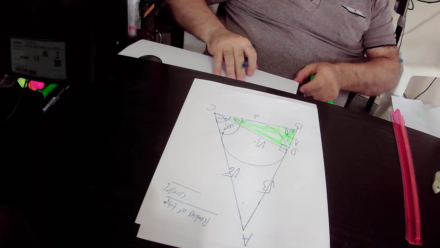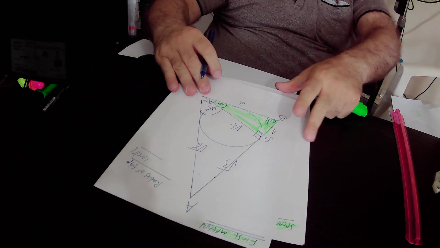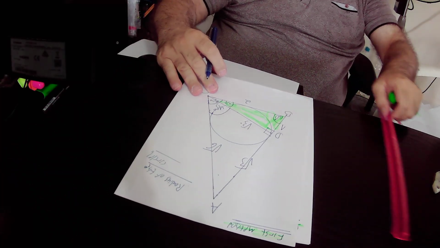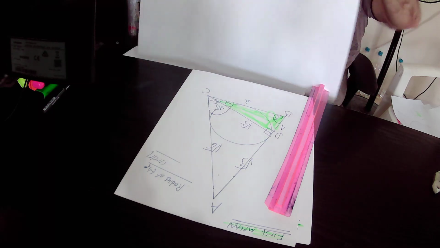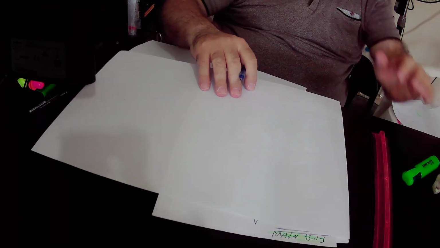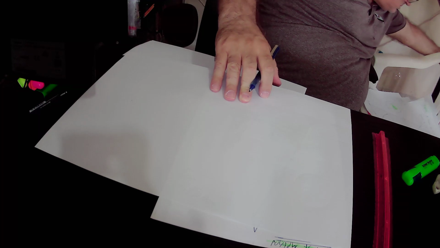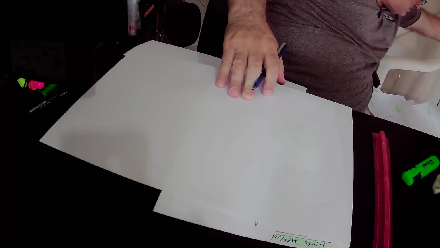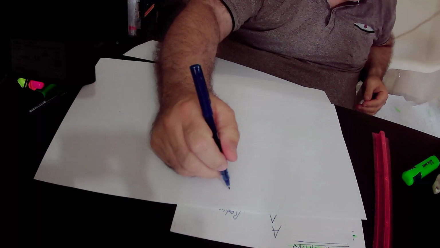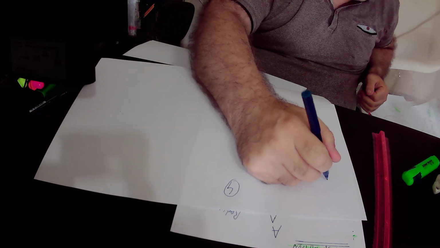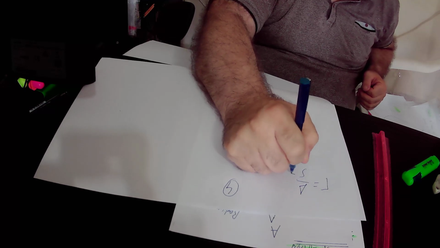And again, the radius of this circle that is inscribed by triangle ABC will be equal to the area of triangle ABC over the semi-perimeter of triangle ABC.